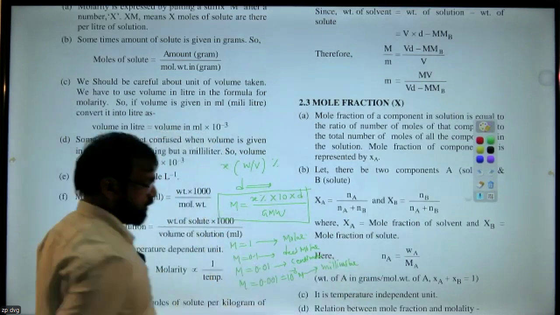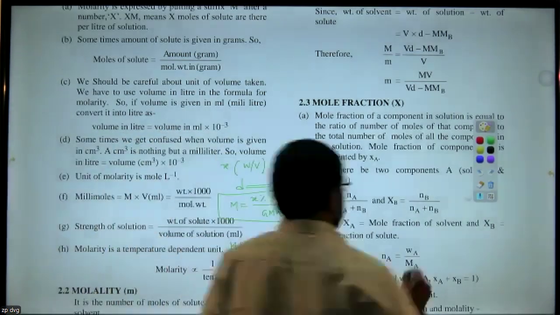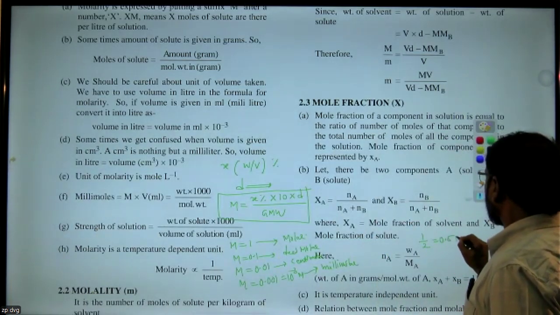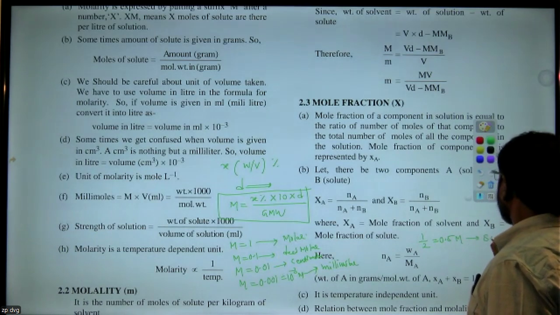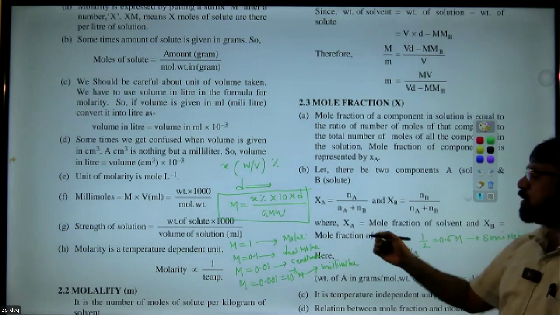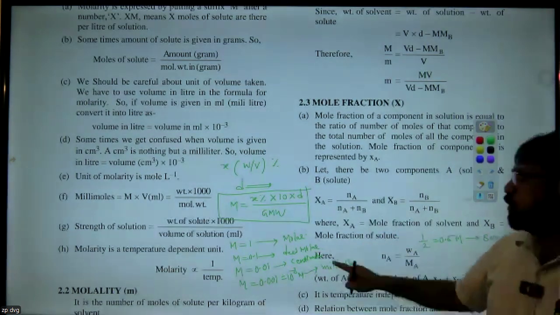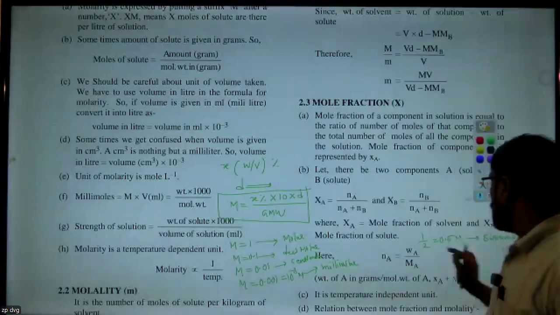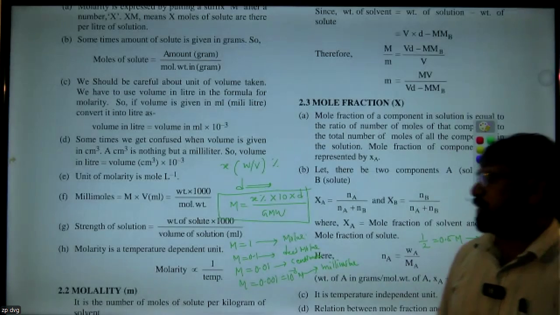For example, if we get the molarity 1 by 2, which is nothing but 0.5 molar, that is called as semimolar solution. Molar solution, decimolar solution, centimolar solution, and the next one millimolar solution. Like that we can differentiate.